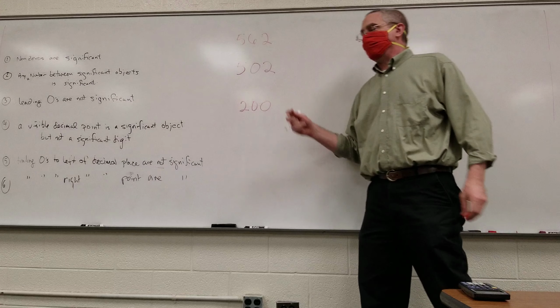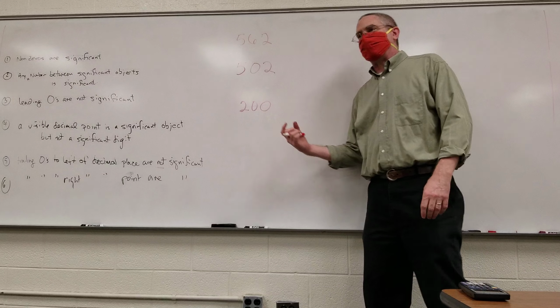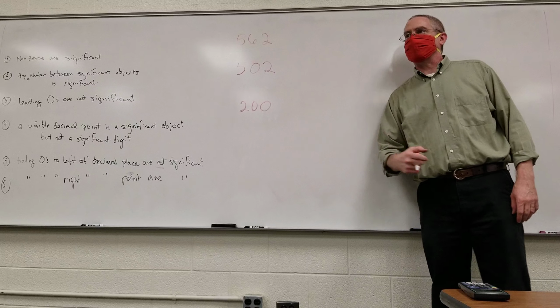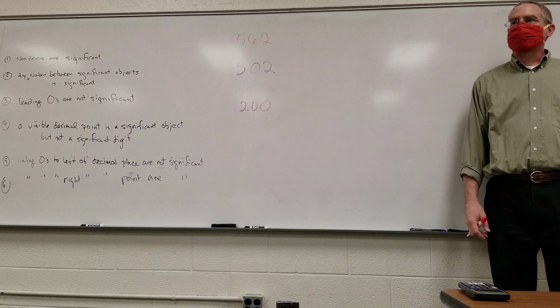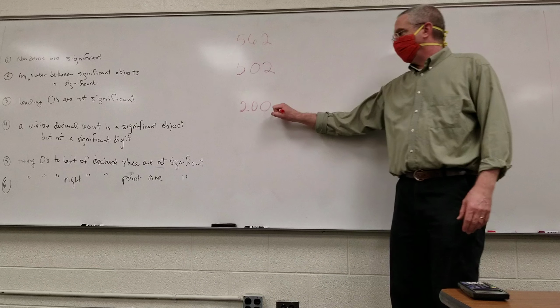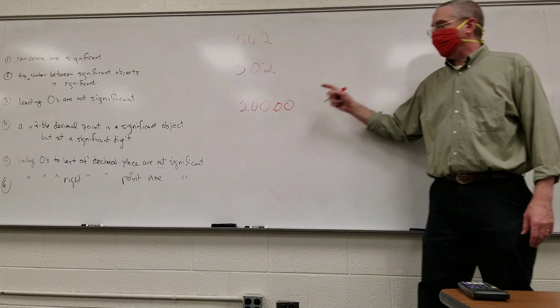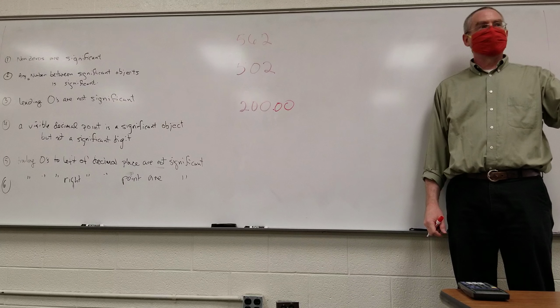All right, suppose it was exactly 200 students. How would I indicate the fact that it is 200 exactly, as opposed to somewhere around 200? 200.00. Now how many significant digits are there? 5.